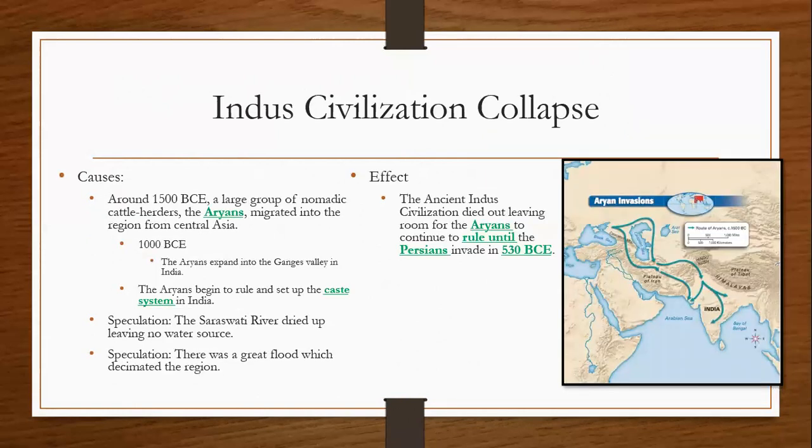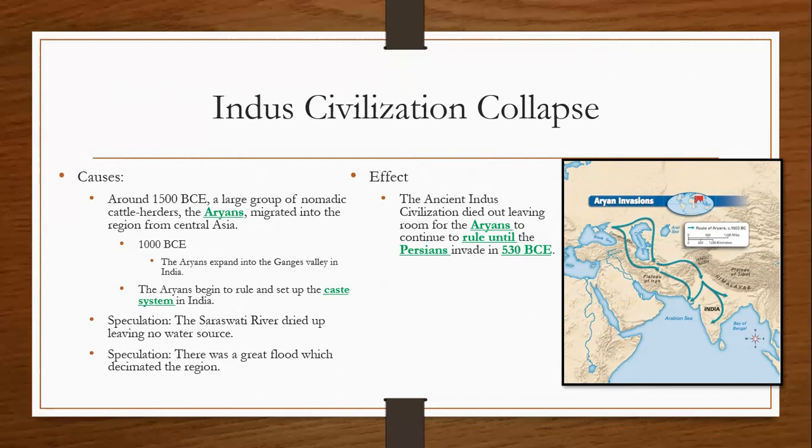Now, the Indus civilization is going to collapse because around 3,500 years ago, 1500 BCE, a very large group of nomadic cattle herders, people who moved around a lot, called the Aryans, migrated into the area from Central Asia.